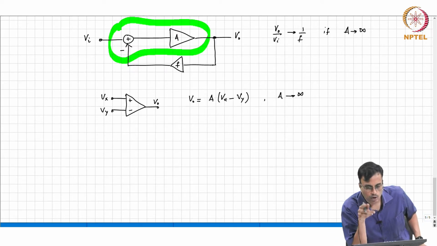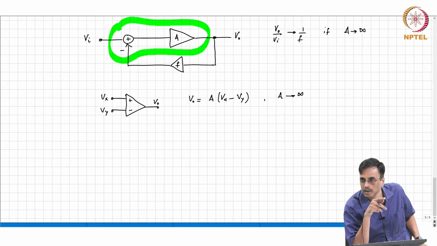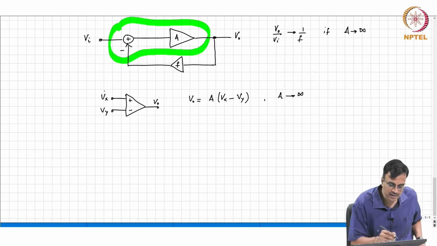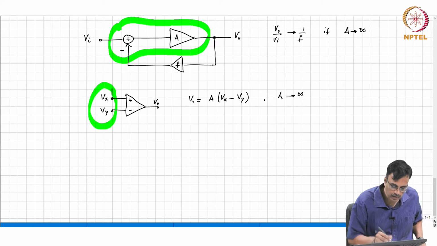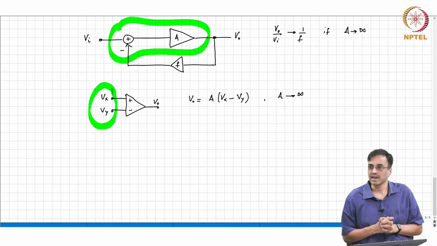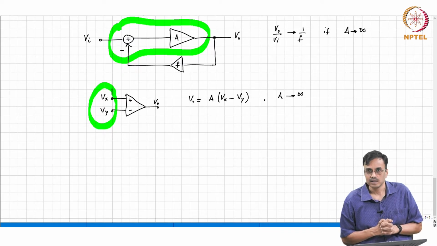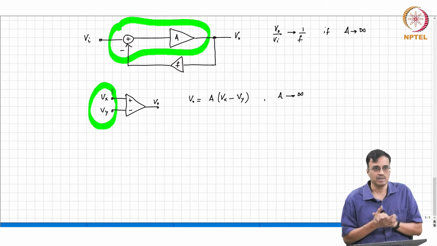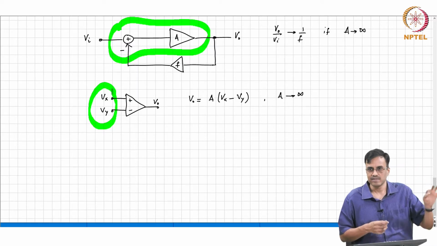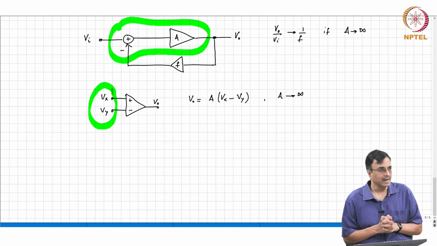The difference between the common source amplifier we know and what the operational amplifier is supposed to be doing is the following. The operational amplifier is amplifying only the difference between Vx and Vy, right. Our common source amplifiers that we have seen so far are just amplifying one small signal input Vi with a large gain.